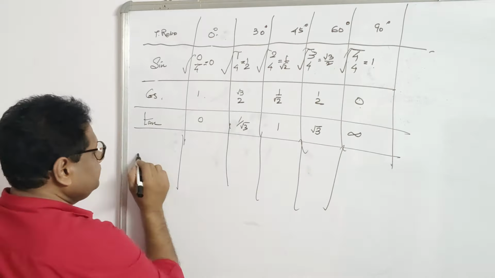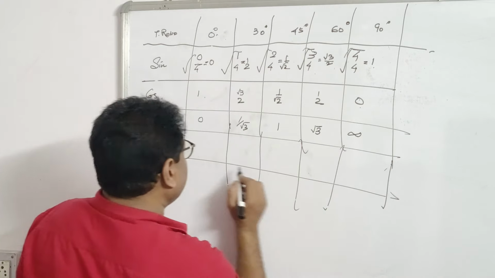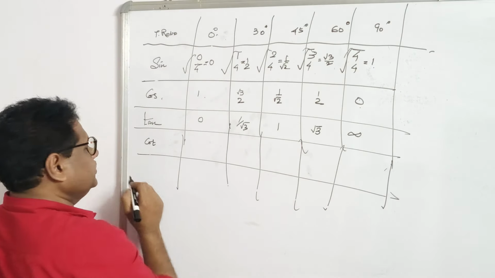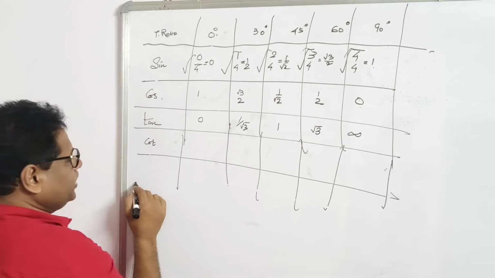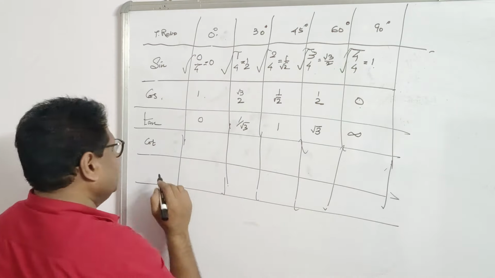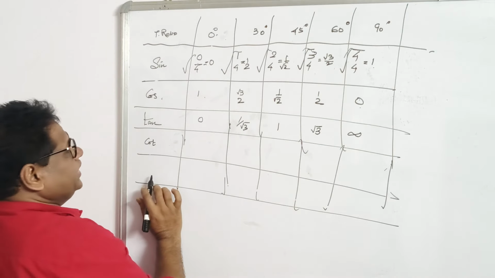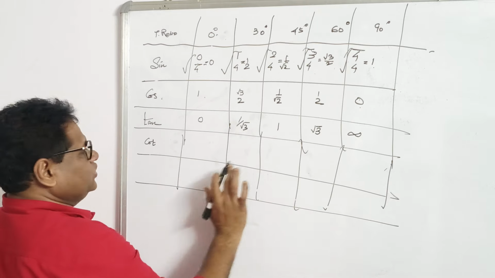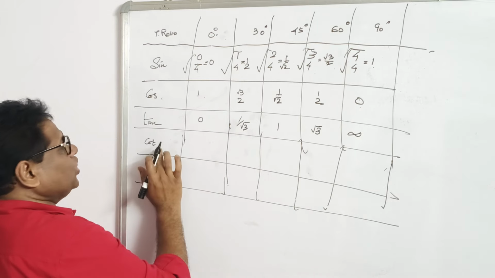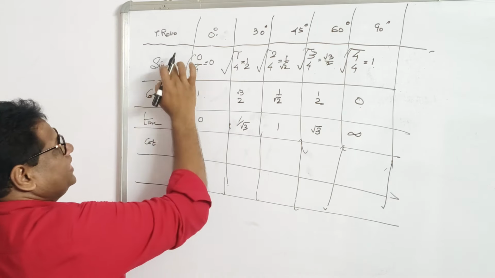Now to write the values of cot. Please remember the sequence: sine, cos, tan, cot, sec, cosec. For cot, you can write it in diminishing order, or if not, you know cot is cos by sine.